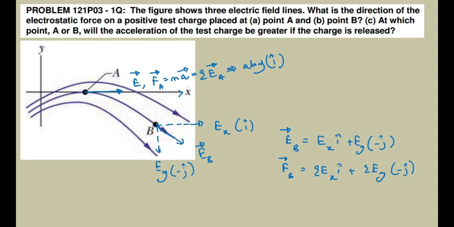Alright, then the second question they are asking: at which point, A or B, will the acceleration of the test charge be greater when the charge is released? Fine. So between A and B, I can write that at A the field lines are closely spaced.